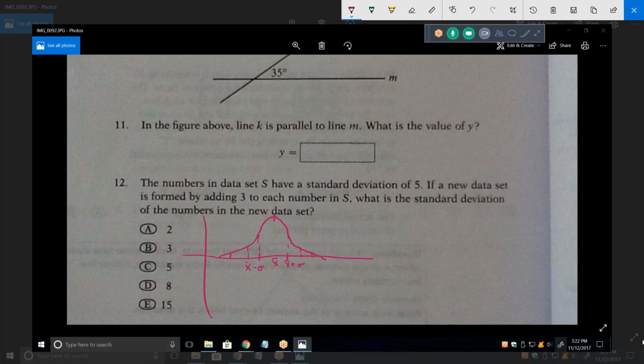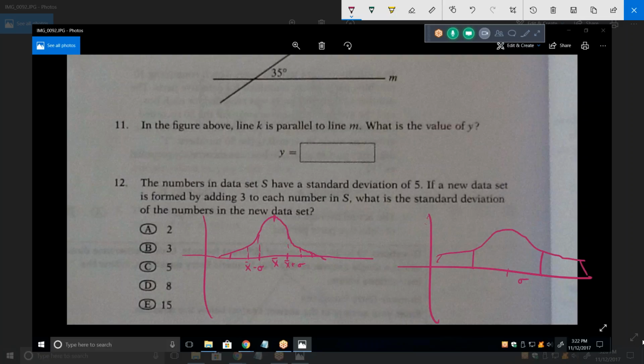So if I told you that something had a bigger standard deviation, then it's going to be more spread out, right? Correct. Because if I want 68% of the area under the curve, I'm going to have to widen my standard deviation. So that standard deviation is going to be bigger than the curve on my left. Right. And that's basically what standard deviation means: it's a measure of spread of the data.